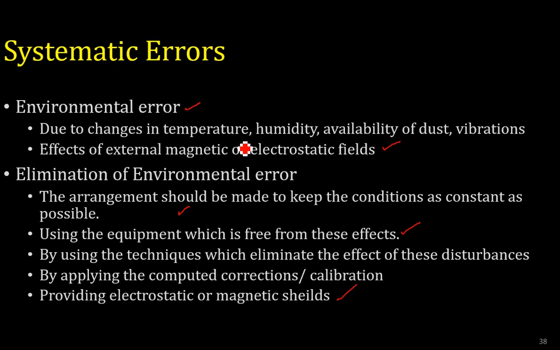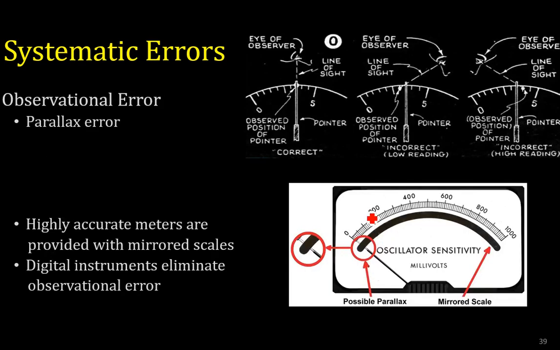So you can have zero temperature coefficient elements. Such things can be used. Again, the disturbances can be eliminated by some techniques, and again you can use some corrections or calibration to remove or nullify these errors.